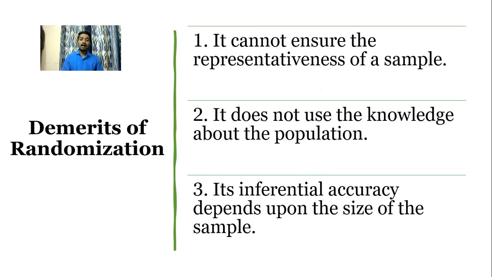When we have advantages, we obviously have disadvantages. It cannot ensure the representativeness of the sample. Here we choose the sample randomly, so it's hard to know who our sample is or their identity, because we have chosen based on just a number or a lottery method.